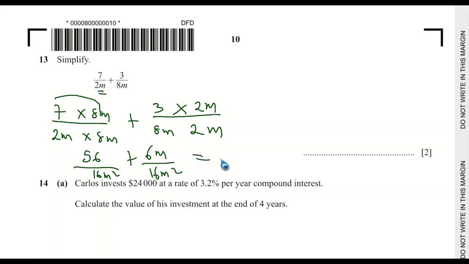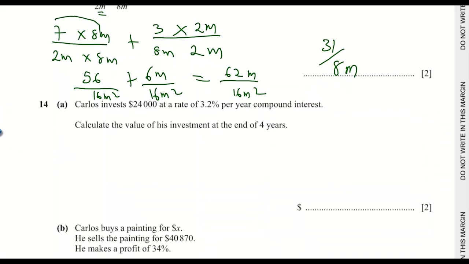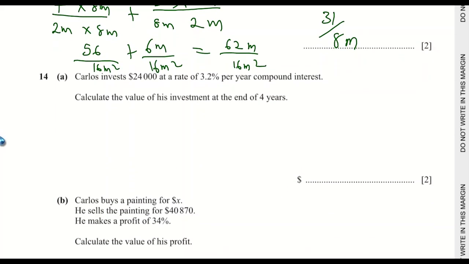Now you have 56 add 6, that's 62m over 16m squared. If you simplify this, 2 can go into 62 giving 31 over 8. M cancels one m, so you have 31 over 8m. This is the final answer. Let's go to the next question, question 14a.